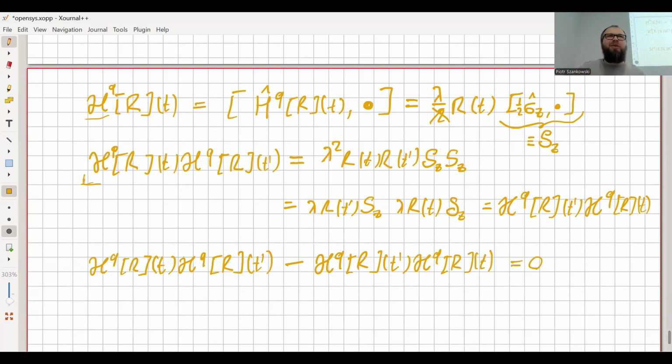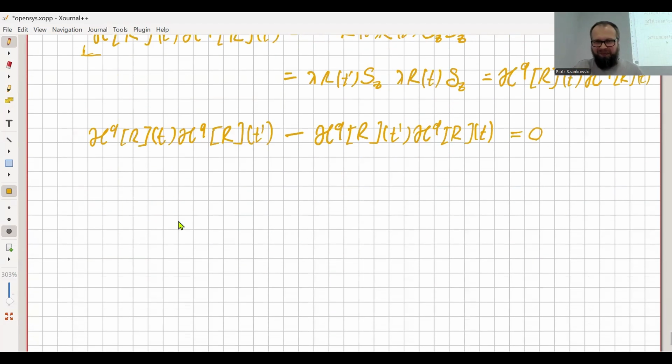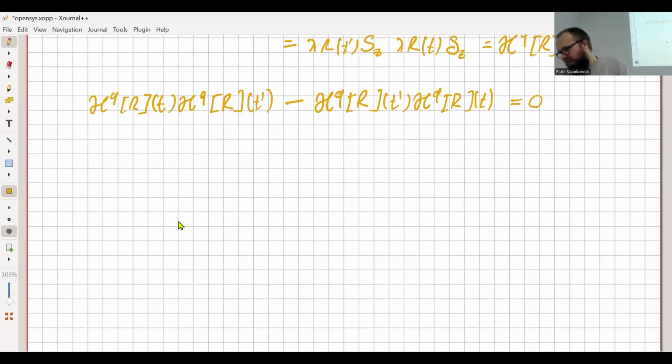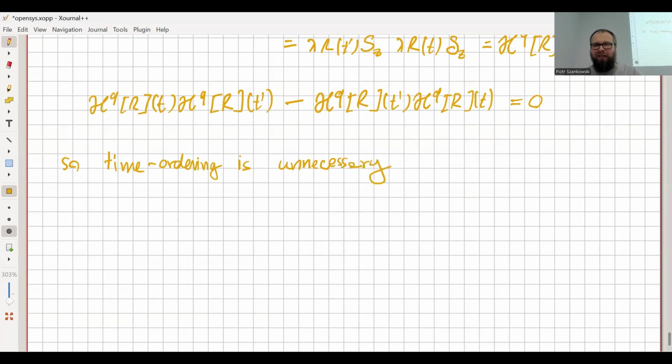So it commutes. This is how you show that it commutes, which is super helpful to us because it means that time ordering is unnecessary, because ultimately these are just generators. Or maybe it's not unnecessary, it just does nothing for our exponentials.